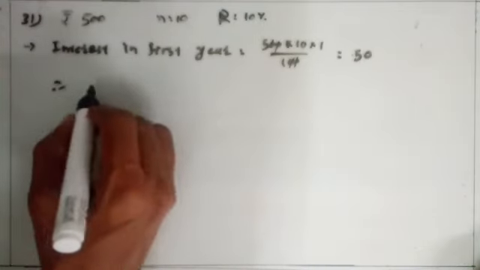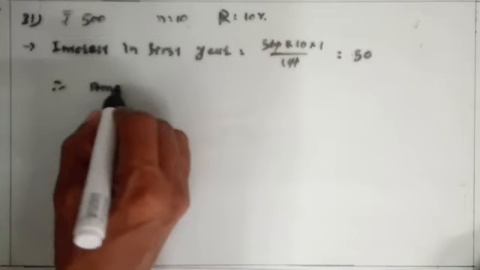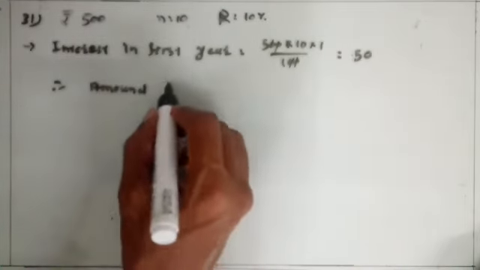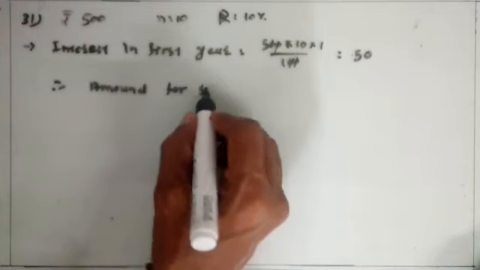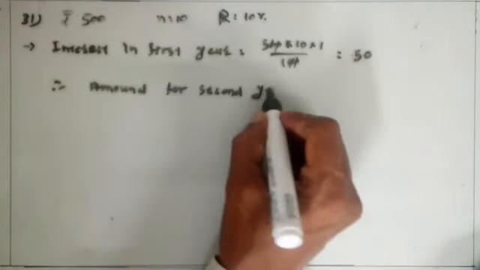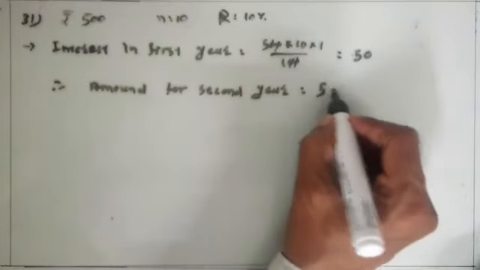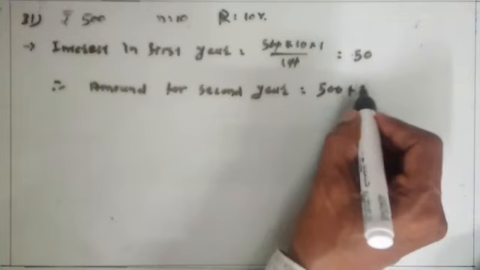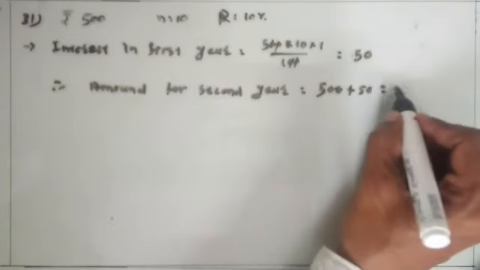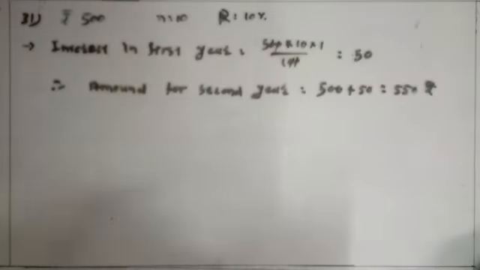Therefore the amount for the second year is equal to 500 plus 50 rupees, which is equal to 550 rupees. Clear?